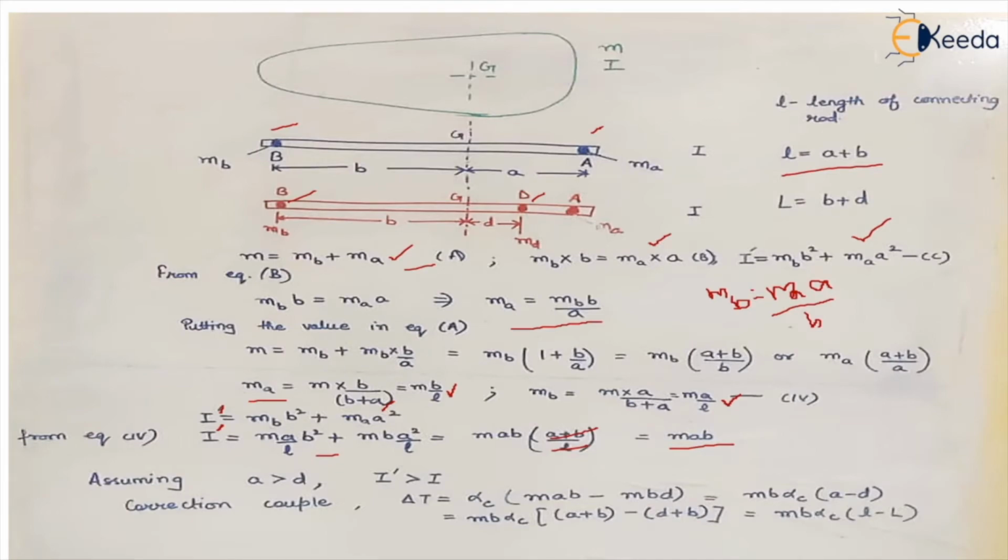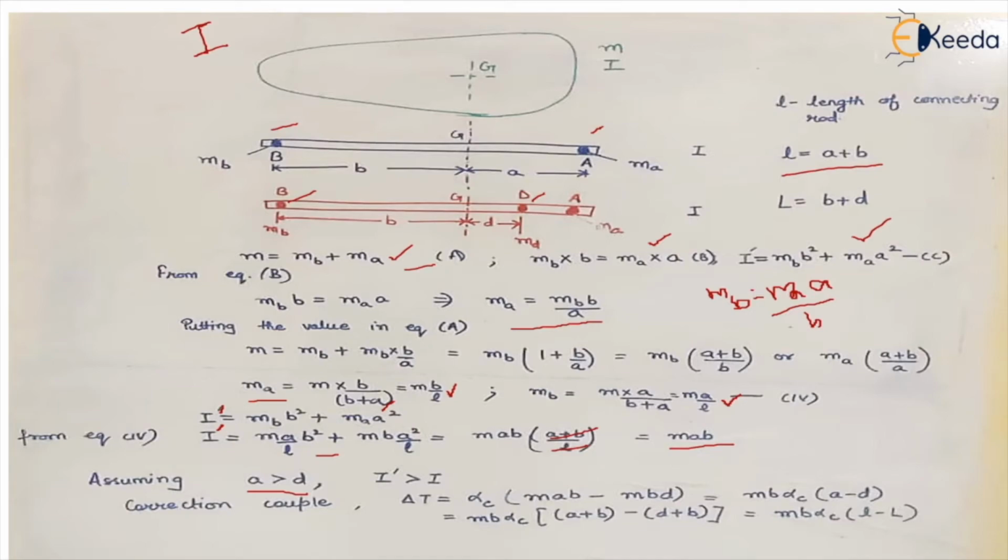So if we talk theoretically, the moment of inertia should remain the same, because if the moment of inertia for the rigid body is I, it should remain I for all the dynamically equivalent systems. But if we look geometrically, we know that A is greater than D. We have taken the positions in such a way that A is at the end of the connecting rod and D is at a position somewhere near the centroid and away from the end of the connecting rod.